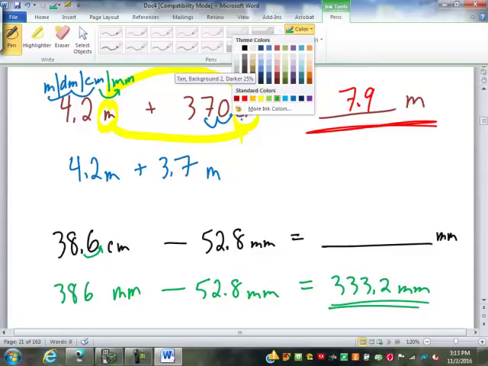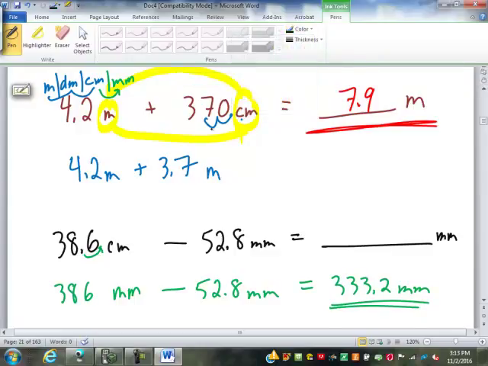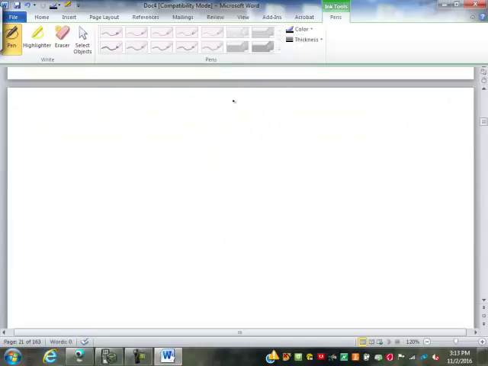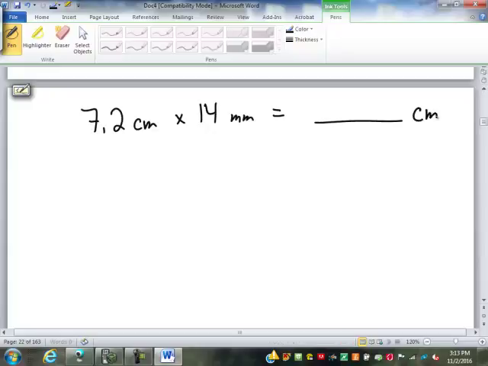Multiplication. Same thing. We want to make sure we have the same units. 7.2 centimeters times 14 millimeters. Well, we need to know what I want the units in for my answer. So let's say it's going to be in centimeters squared.